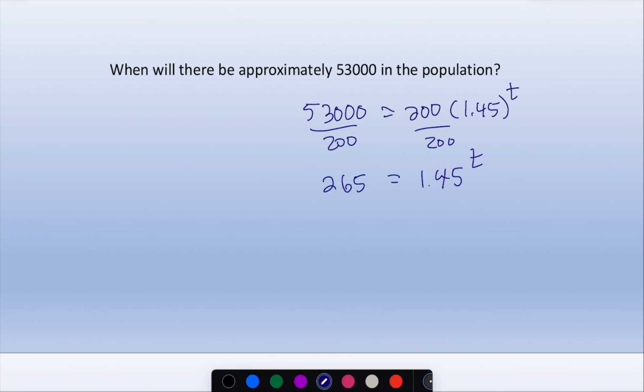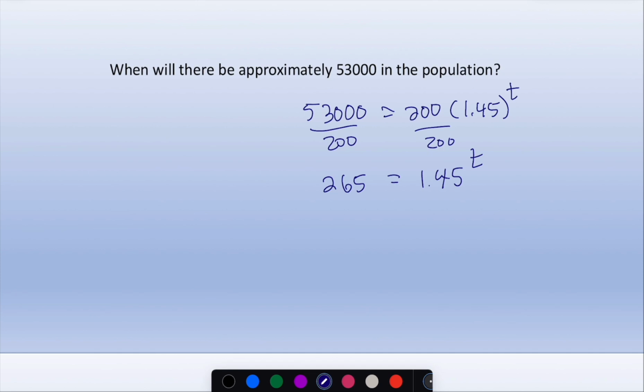So it's somewhere between 10 and 20, and you could keep messing around until you find something closer. I'm just kind of playing here. 15, 1.45 to the 15th power is really super close. Okay, it's 263. But how can we find it exactly?